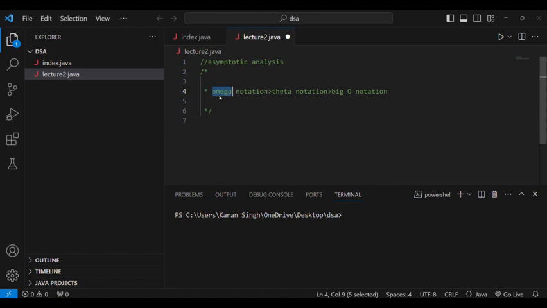Let's assume that for you to remember. They are all notations, but this is only for understanding. Our main motive is how to solve a problem with the best code to get the best answer for any problem.